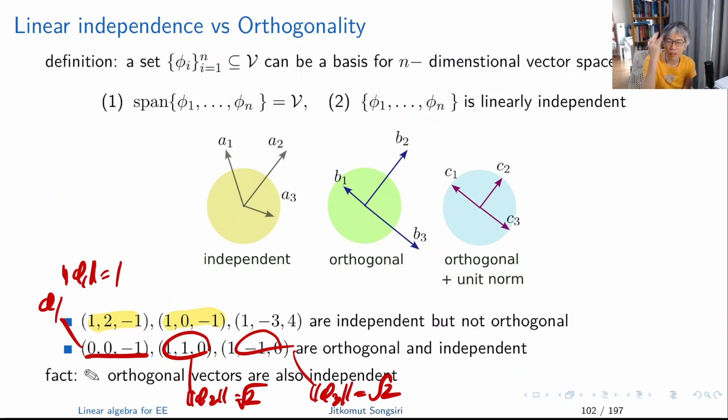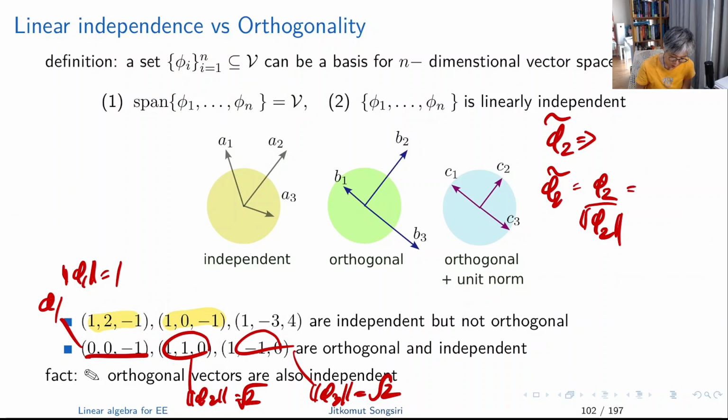So if the vectors are orthogonal, I can always normalize the vector so that it has a unit norm. For example, for phi 2, I can define phi tilde 2 in such a way that I normalize it by its norm, which is square root 2.